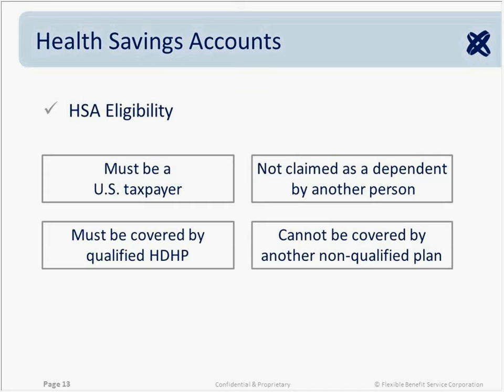So for those children, as an example, that can be claimed as dependents by their parents, they would not be an HSA eligible candidate. And then lastly, for those people that do have other coverage outside of a qualified high deductible health plan, they cannot have another plan that is considered a non-qualified plan. Otherwise, that will eliminate their HSA eligibility. And I'll elaborate on that here in a few moments as well.